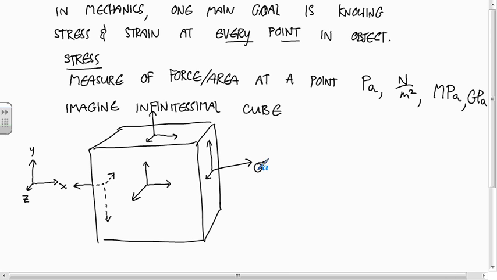X. And what axis is it in the direction of? X. So this is sigma xx. This one is also on the x face, but it's in the positive y direction. So this is xy. This one is on the x face in the z direction. So this is xz.